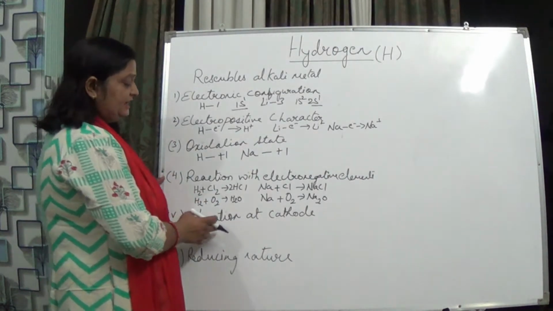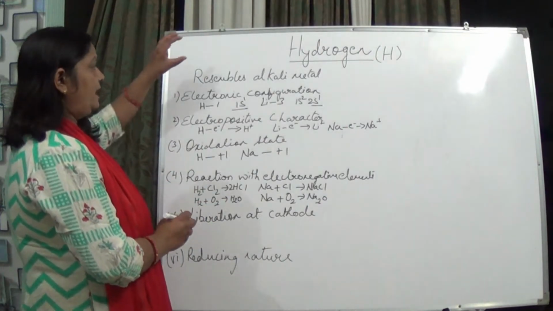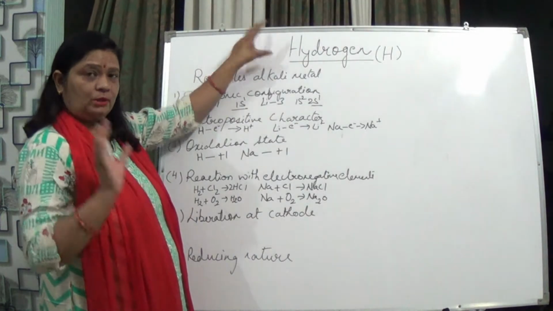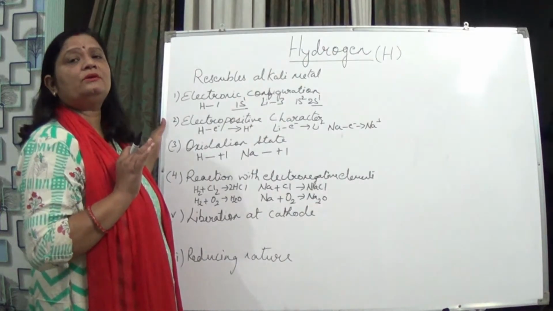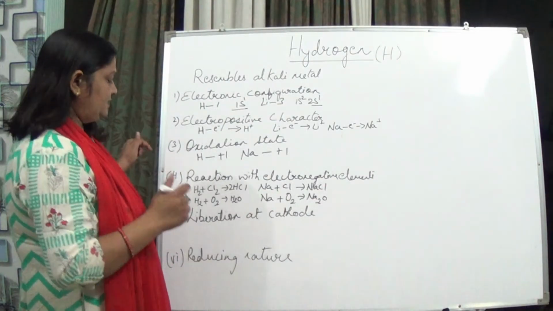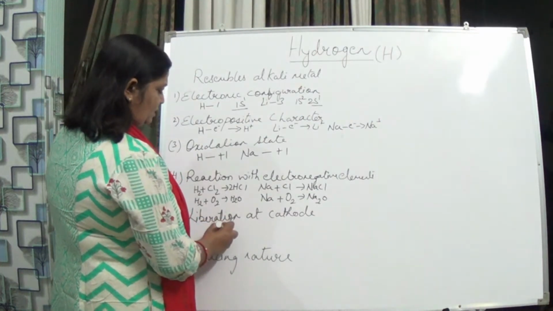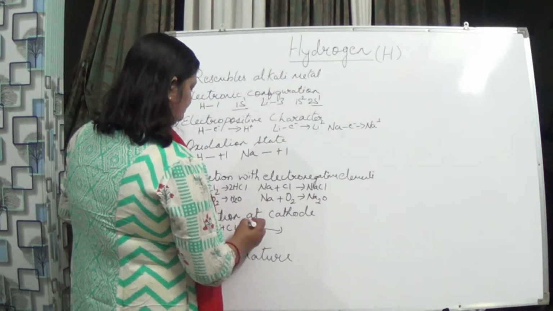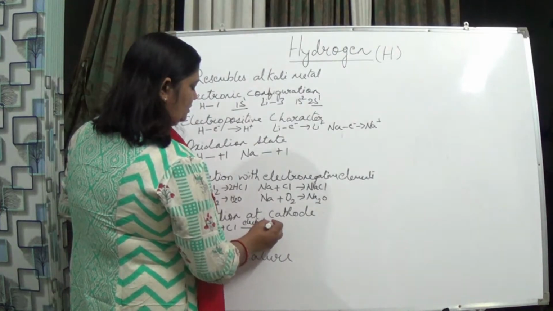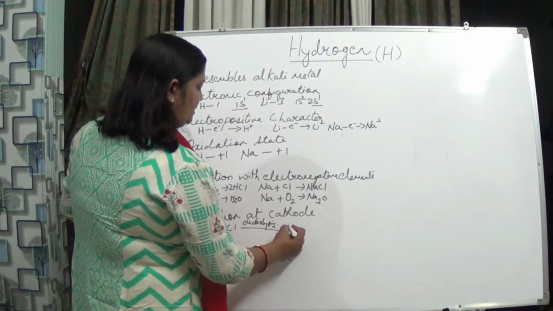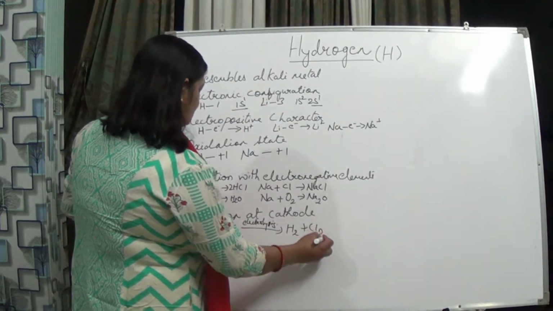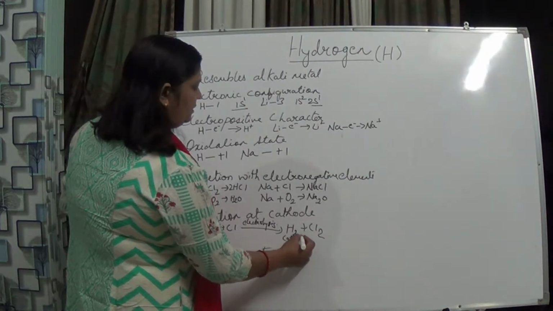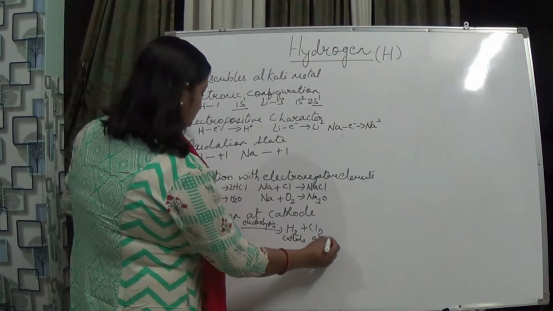Now coming to liberation at cathode. Hydrogen is liberated at cathode in the process of electrolysis. Other alkali metals are also liberated at cathode. For example, if you take HCl and carry out electrolysis, you will get H2 plus Cl2. Here H2 will be deposited at cathode and Cl2 at anode.